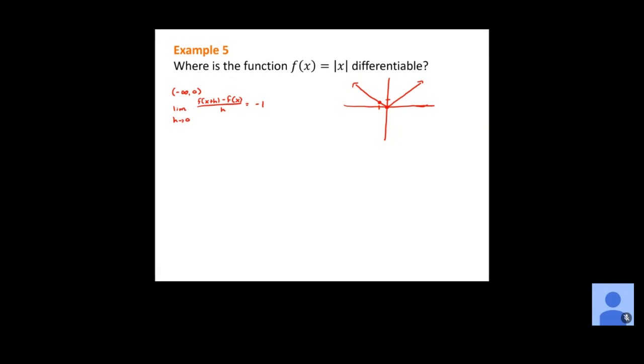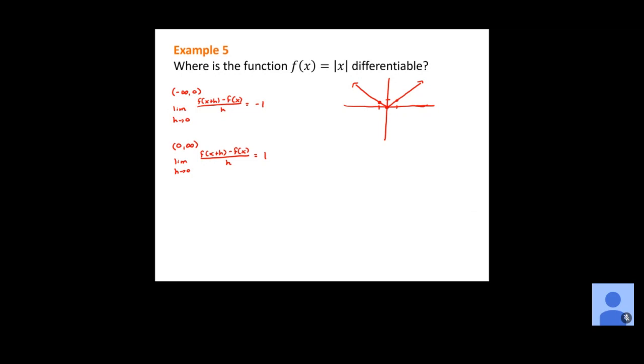Now, what about the right-hand side of this graph? What is that going to be? It's going to be +1, right? Because in this case, we're going to the right 1 and up 1. And so everywhere on that side of the graph, from 0 all the way to infinity, our limit as h approaches 0, f of x plus h minus f of x all over h is going to be equal to +1.